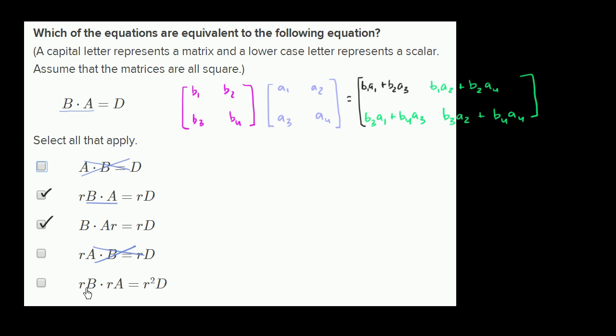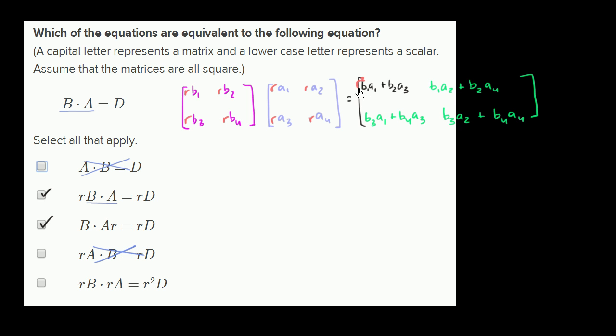Now this one is interesting, RB times RA. So let's think about it. So this is B, this is A, this is D. Now let's think about what happens if we put R times B, we're going to see R's all over there. R times A, you're going to see R's over there. And so for example, this term right over here is going to be RB1 times RA1. Well, that's going to be R squared times B1A1.